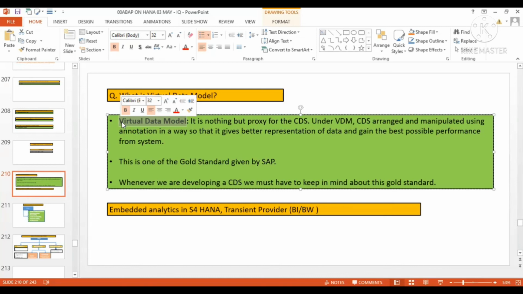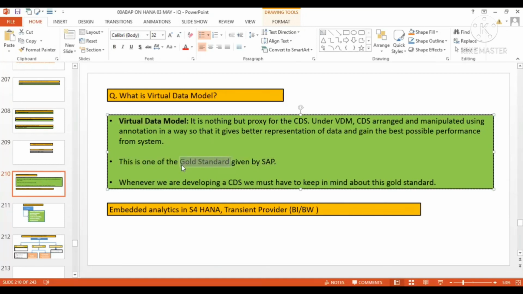reusability, modularization, and there is one more, performance. Okay. All these three is going to become very much effective. All these three is going to be very much improved. These are the benefit of virtual data model. This is one of the gold standard given by SAP. That's why it is the gold standard.